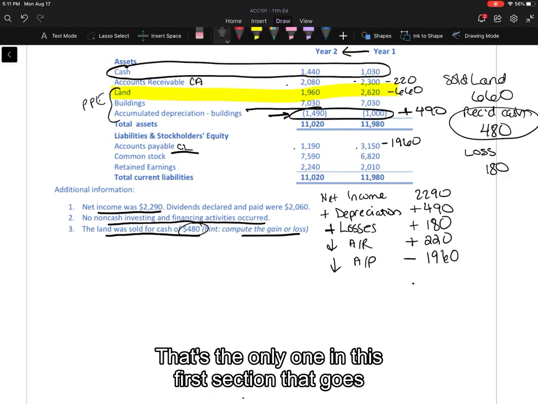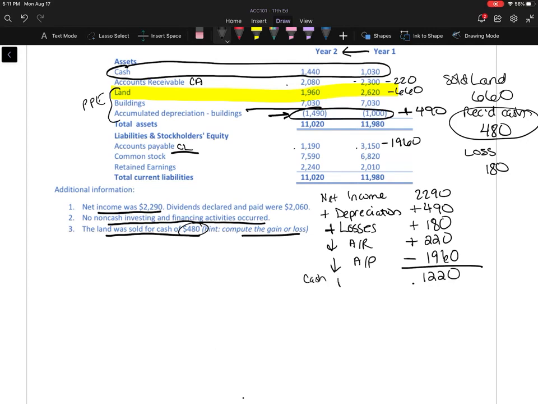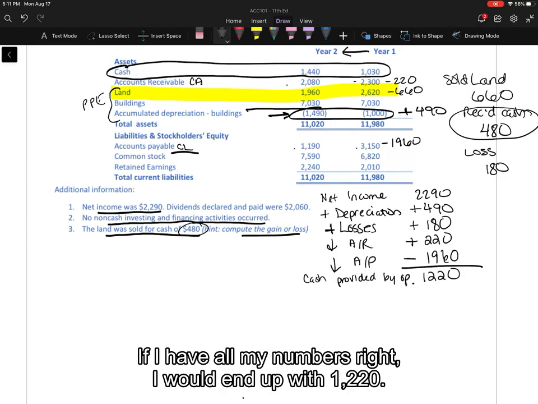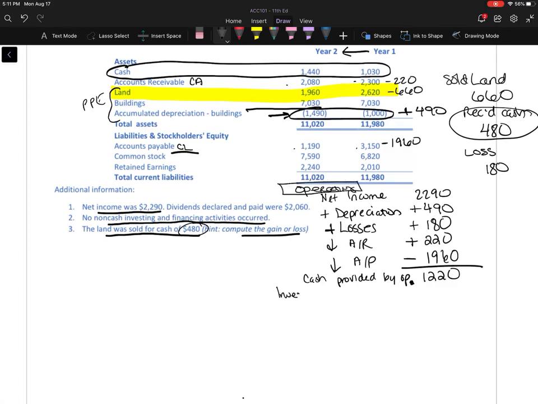That's the only one in this first section that goes with the flow. A decrease is a subtraction. All right, so if I have all my numbers right, I would end up with $1,220. It's positive, so that's cash provided by operating activities.